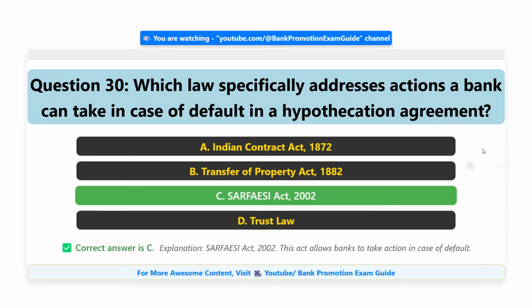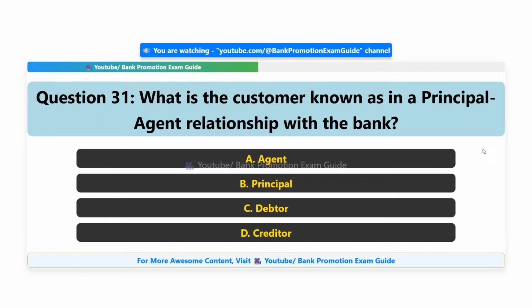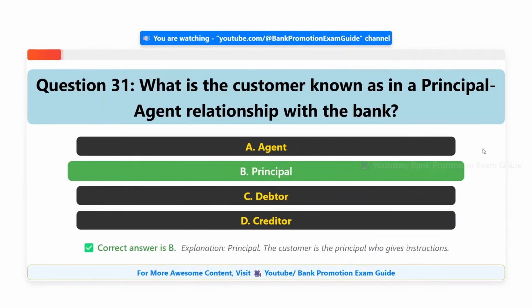SARFAESI Act, 2002. This act allows banks to take action in case of default. Question 31. What is the customer known as in a principal-agent relationship with the bank? Principal. The customer is the principal who gives instructions.